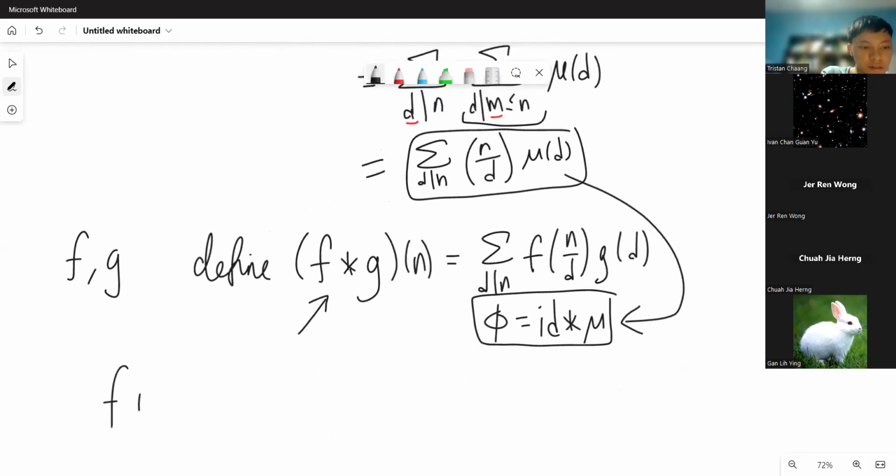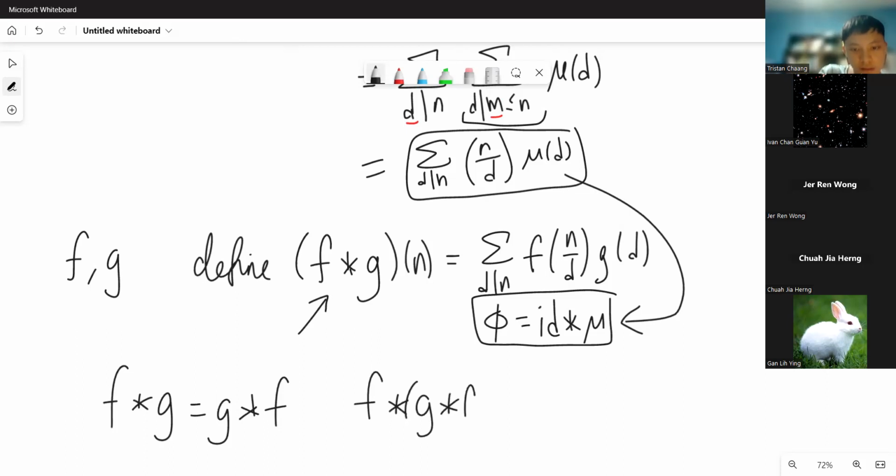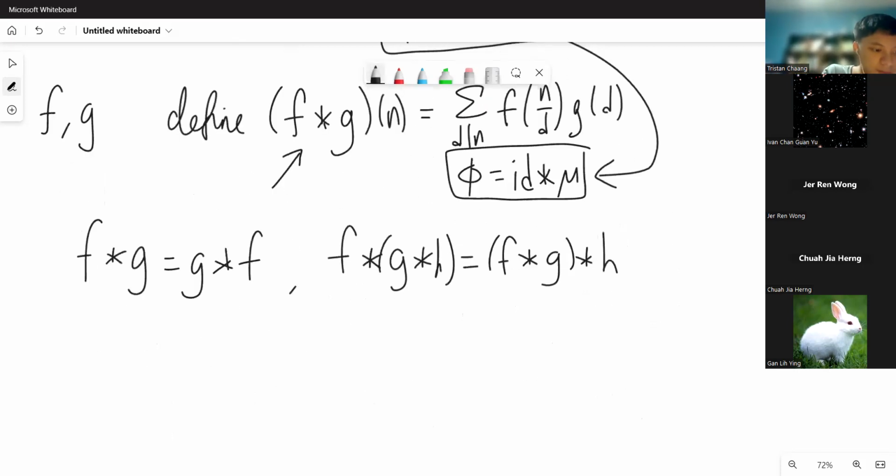So convolution is commutative, for example. And convolution is also associative. So f star g star h. So that allows us to do operations using convolution as well. And you can probably find a lot of things. So for example, d, the number of divisors function, is 1 star 1.